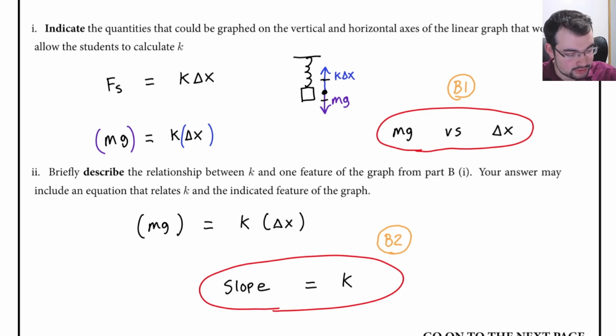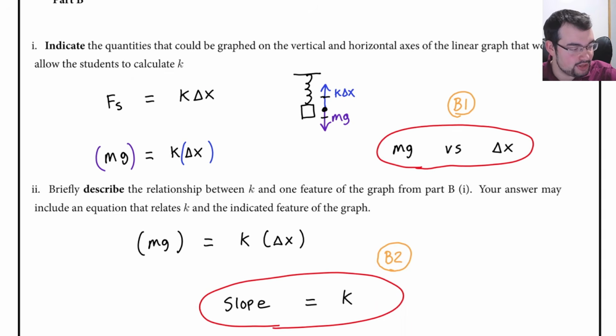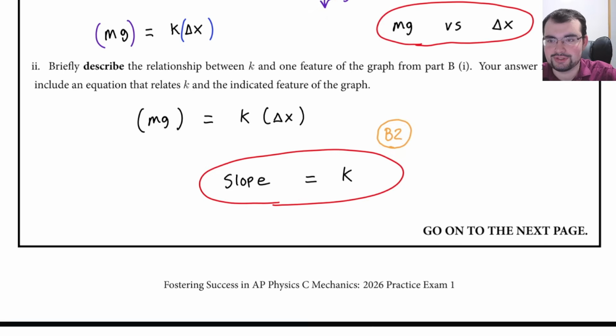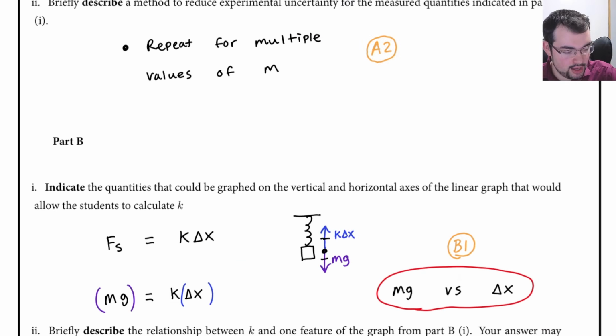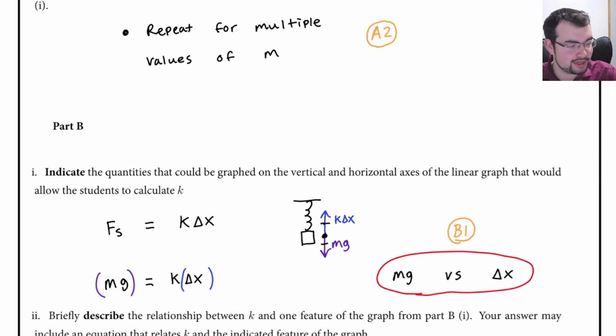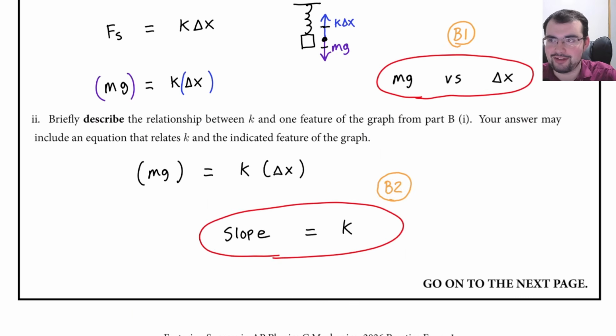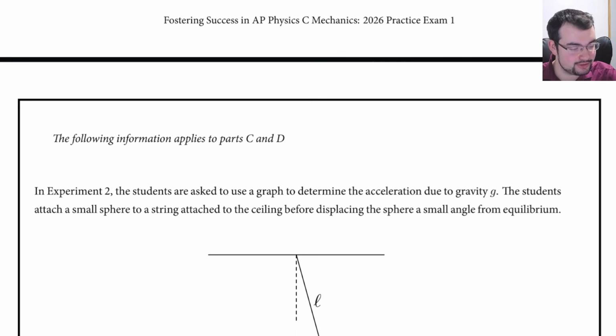That also works. If you manipulate this, you just have to be consistent with what you wrote for B1. So you have a lot of choices. This is a pretty standard, basic experiment though, and we're not going to try to break the bank here. We're going to give funky linearizations and weird analysis; that kind of comes in the C and D part.